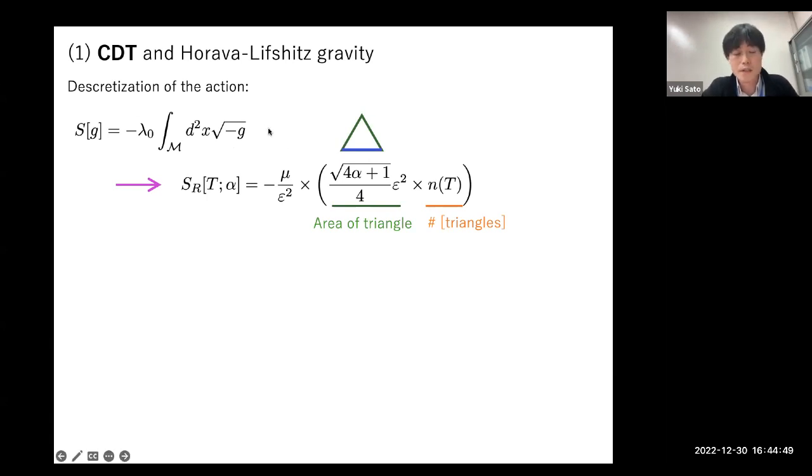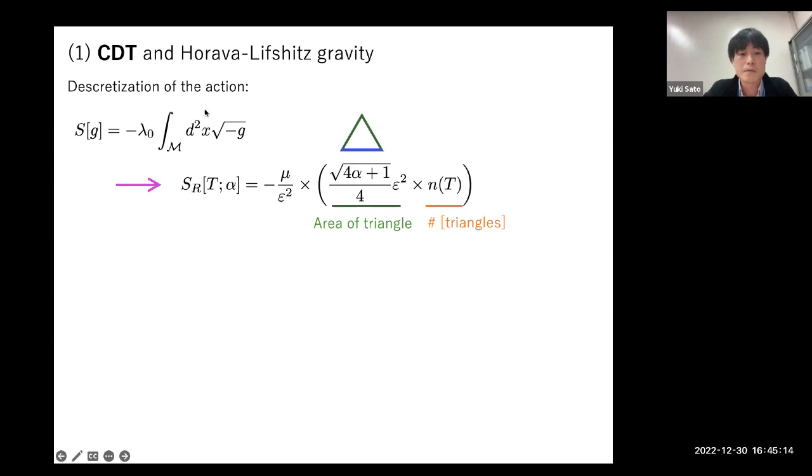So the starting action is actually the covariant one, the cosmological constant. And let us discretize this action. We first replace the UV bare cosmological constant, lambda naught, by the dimensionless parameter divided by the lattice spacing squared.